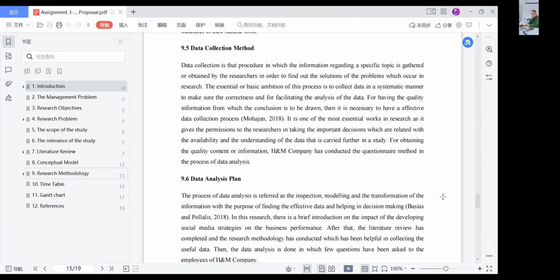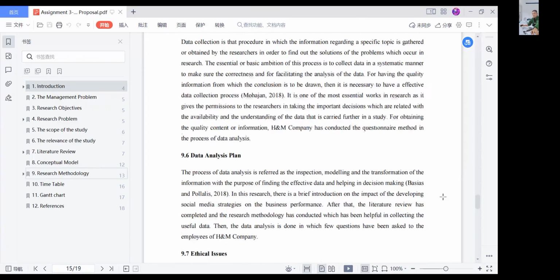And it's one of the most essential works, as it gives researchers the permission to take important decisions which are related with the availability and the understanding of data that is carried further in the study. For obtaining quality content and information, HM company has conducted the questionnaire method in the process of data analysis.